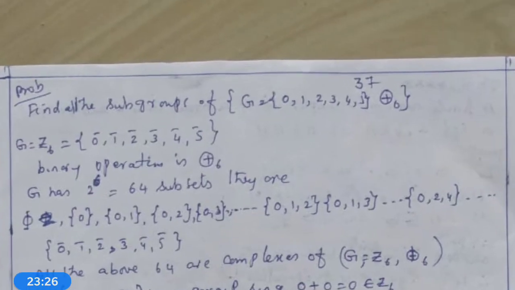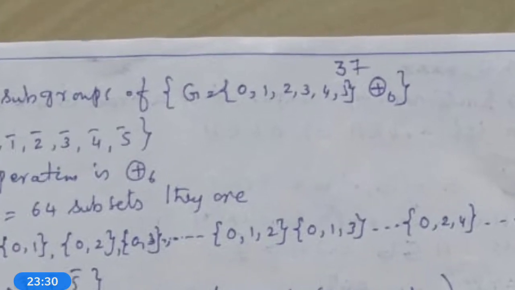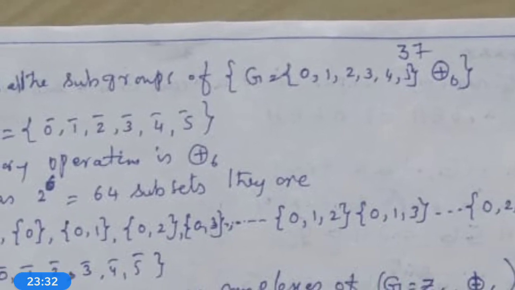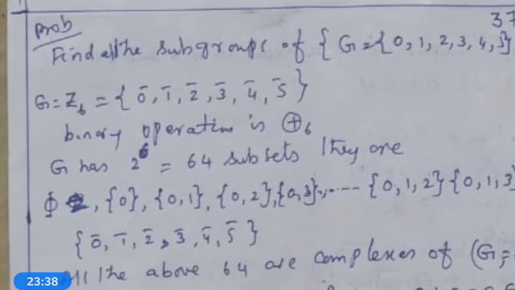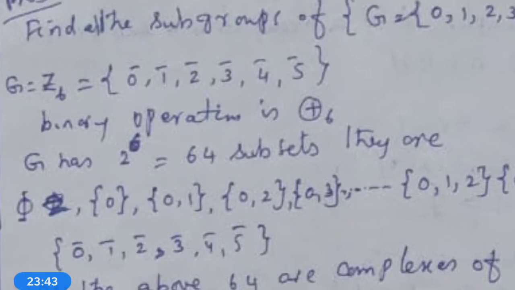What is the residue class modulo 6? 0 bar, 1 bar, 2 bar, 3 bar, 4 bar, 5 bar. So, let G = Z6 = {0 bar, 1 bar, 2 bar, 3 bar, 4 bar, 5 bar}.